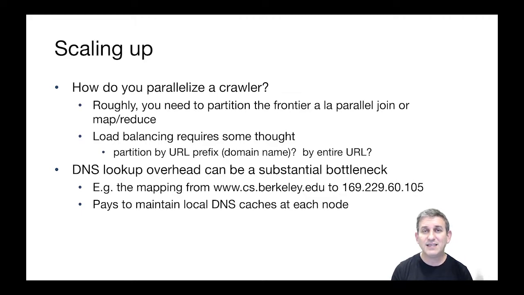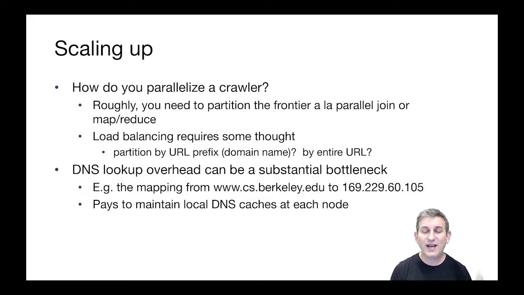And one of the things to consider here, and you wouldn't have thought of this probably until you built your first search engine, is that DNS lookup can be a substantial bottleneck for nodes. DNS lookup is the lookup you do on the internet when you map a computer name, like www.cs.berkeley.edu, to its current IP address on the web, which might be some 4 numbers like the one you see here.